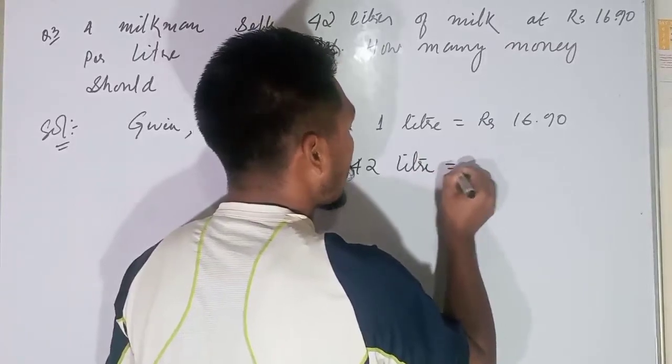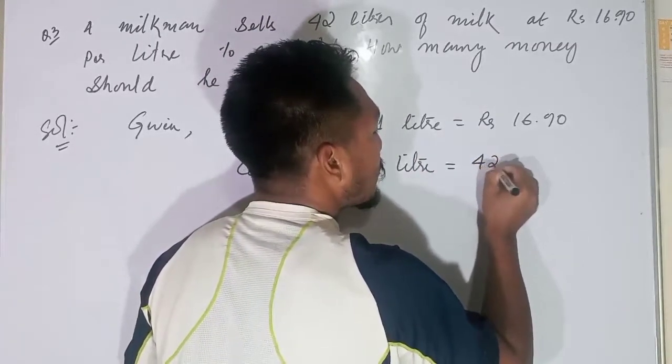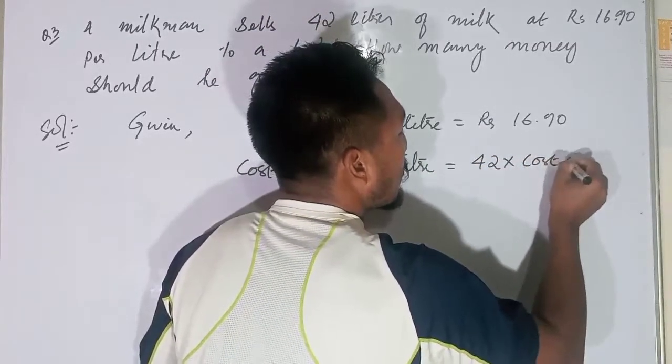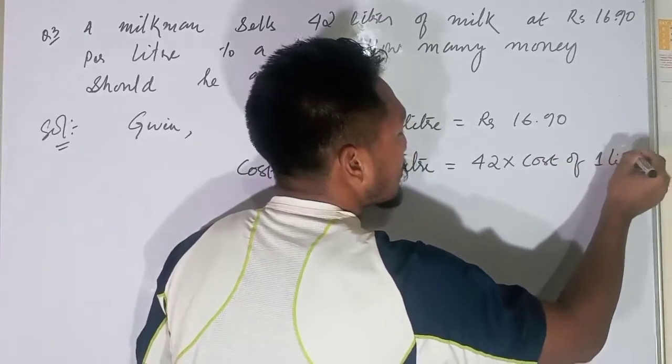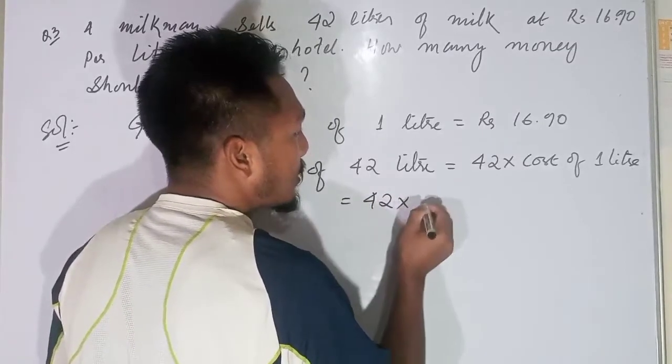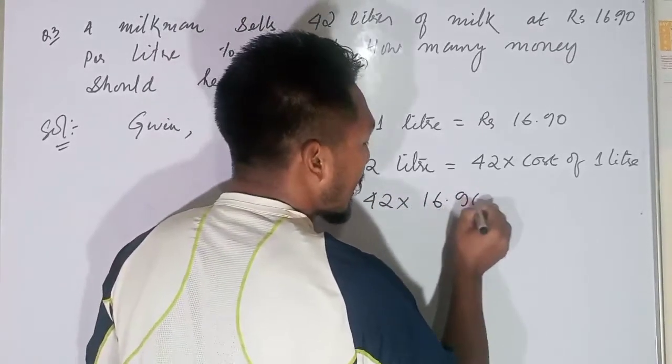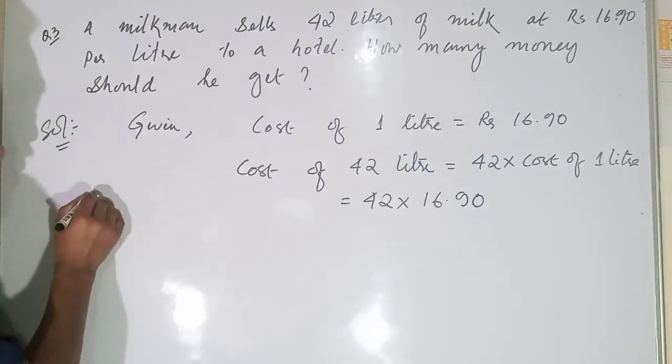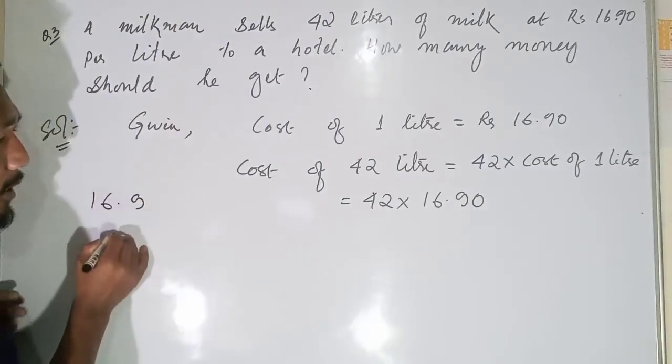So the cost of 42 liters is equal to 42 into the cost of 1 liter, that is 42 into 16.90. So multiply these two.